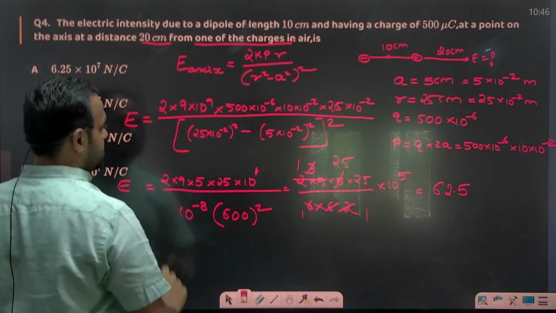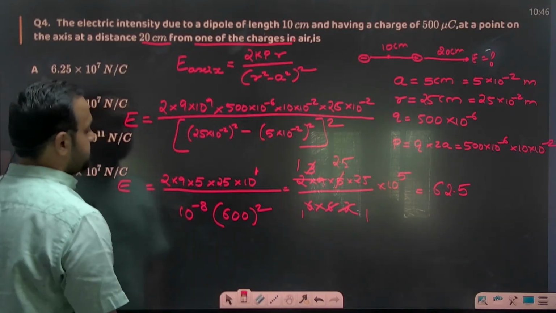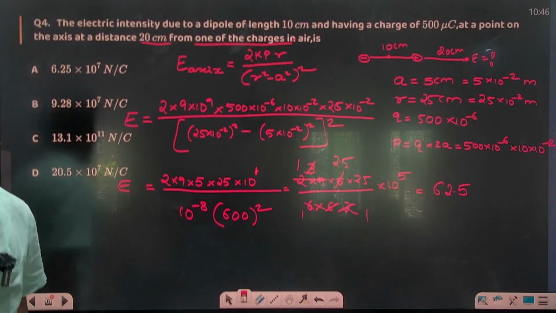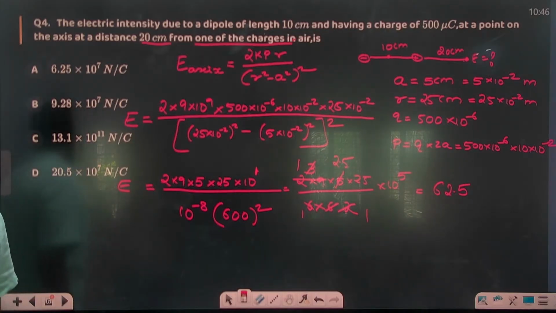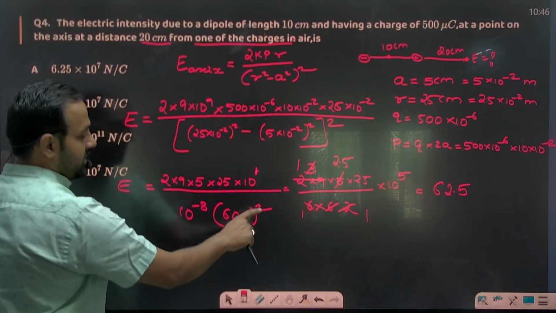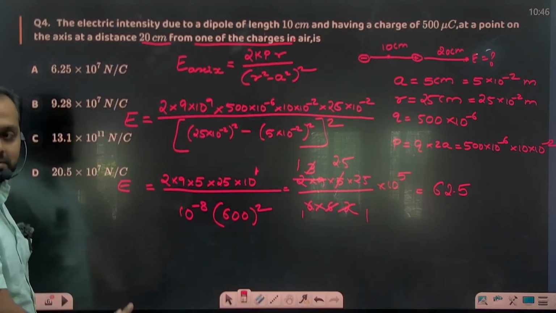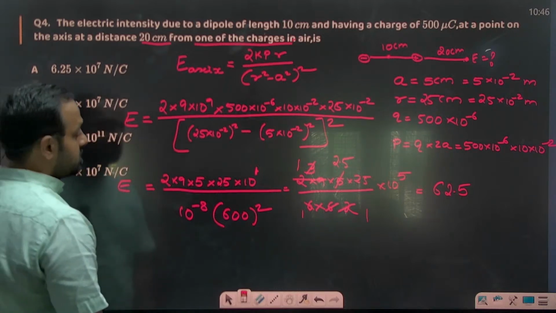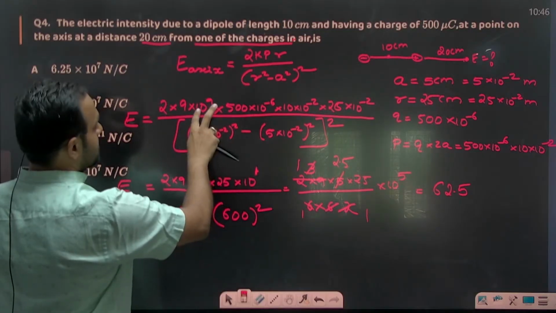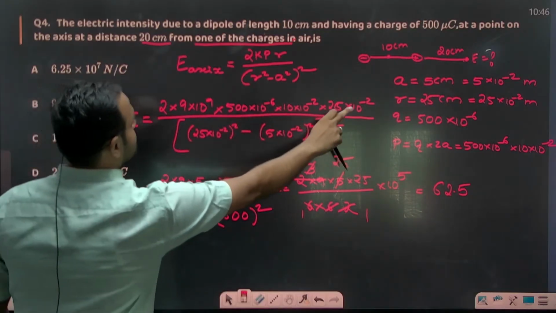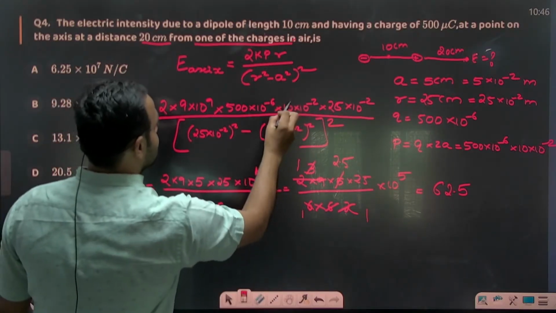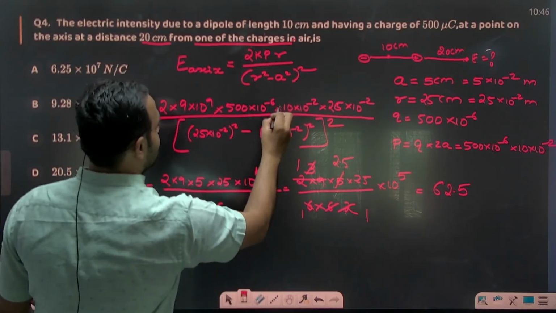10 raised to minus 8. Ten raised to 2 whole square, you get 10 raised to 4. Here you get 10 raised to 4. 10 raised to 2 you get 9, 10, 11. 11 minus 10. Oh, there is one more 10 here.